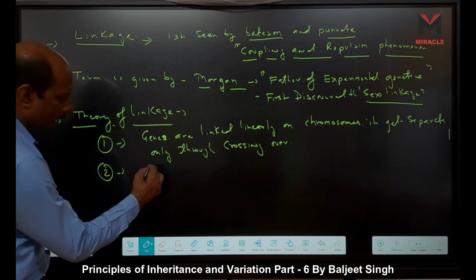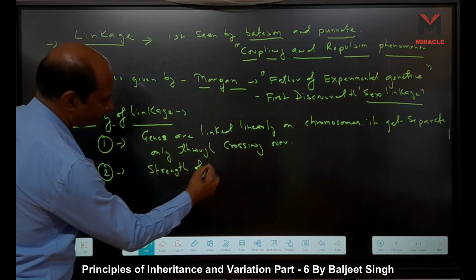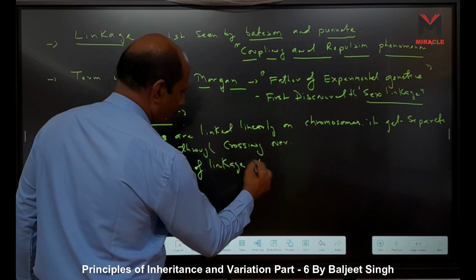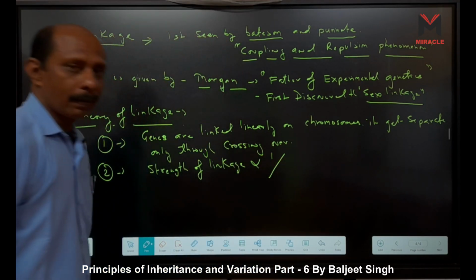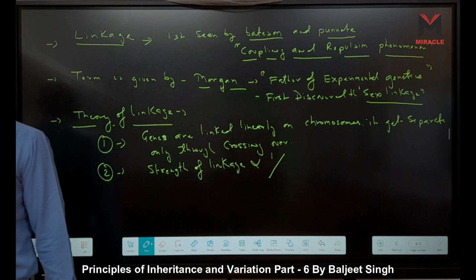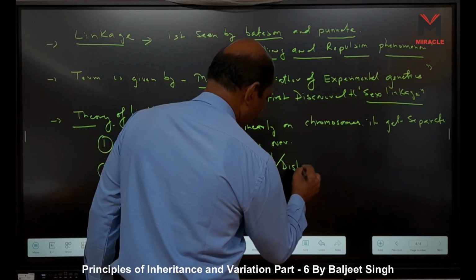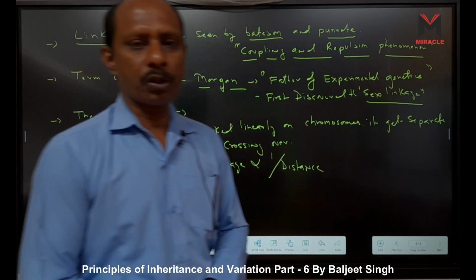Strength of linkage is inversely proportional to crossing over, or we can say to distance also. More distance means more possibility of crossing over.